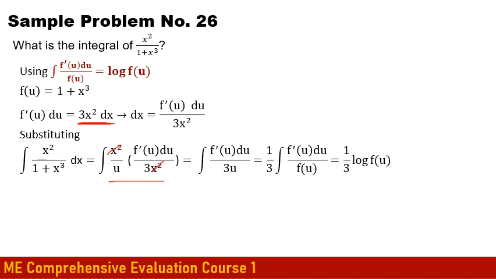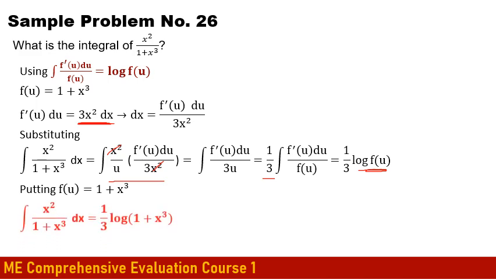And then we can take out the constant 1/3, so that what is left is the f prime u du over f of u. Then this form is just equals to log of f of u multiplied by 1/3. Putting back the function of u, which is 1 plus x cubed, our final result will become 1/3 log of 1 plus x cubed plus c.